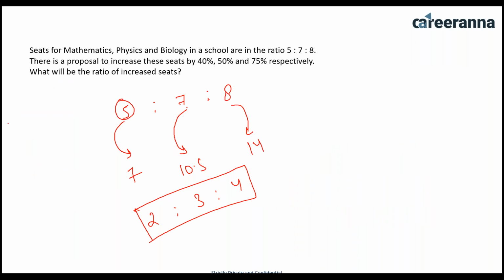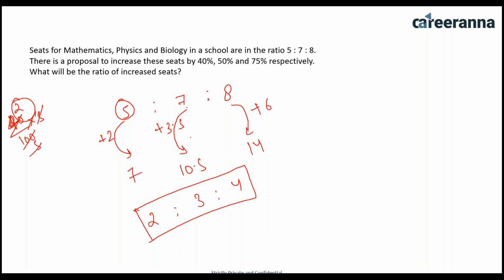20% of 5 is what? Sorry, 40% of 5 is what? 40% of 5 is this. Can I solve it? Is it 2? So I have to add 2 here. I have to add 3.5 here. And I have to add 6 here. I think it is clear to all.